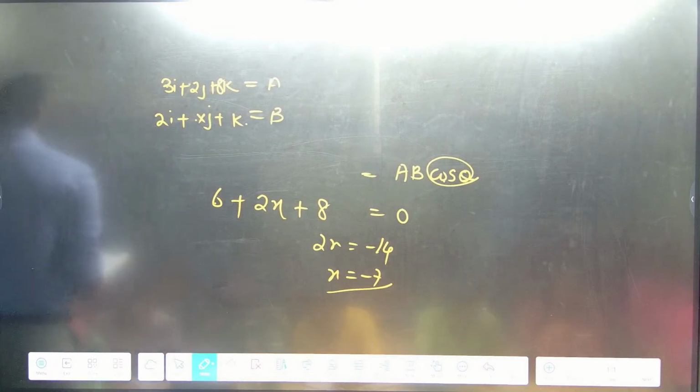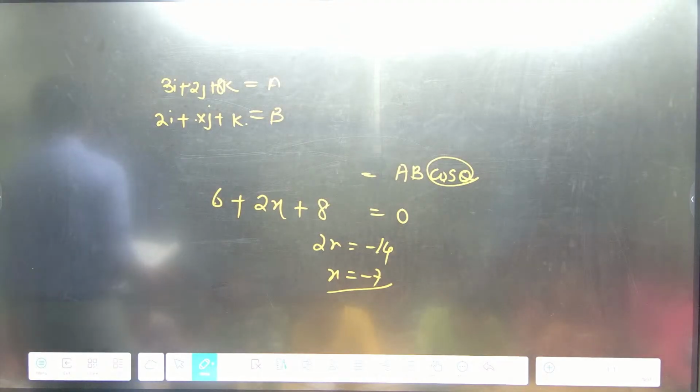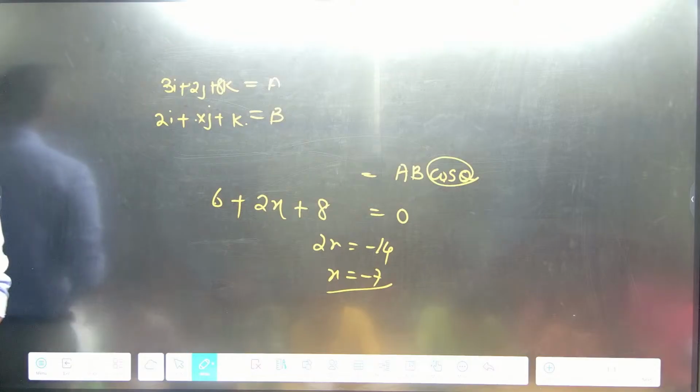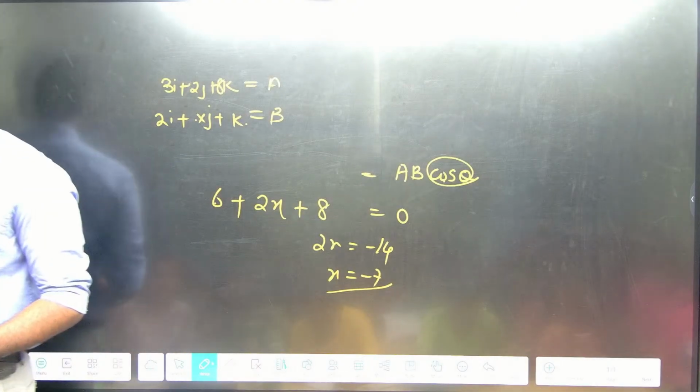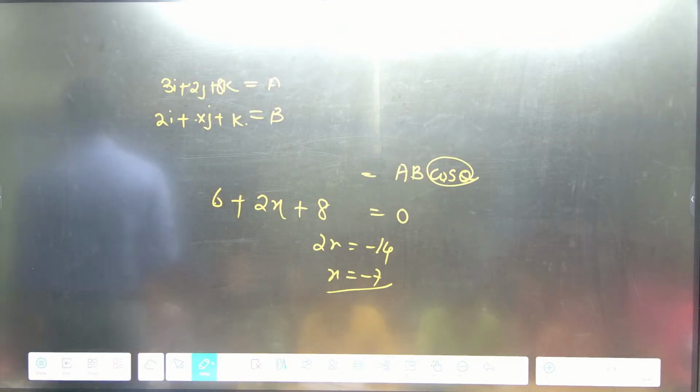What is the angle made by the vector A with the y axis? With the y axis. What, 3 by 2? It's tan inverse of 3 by 2.